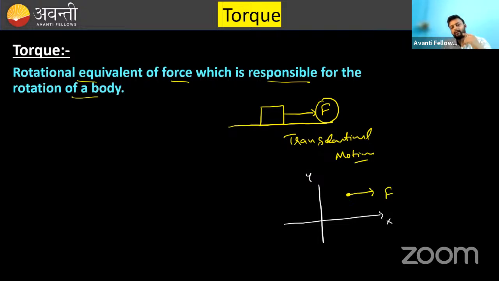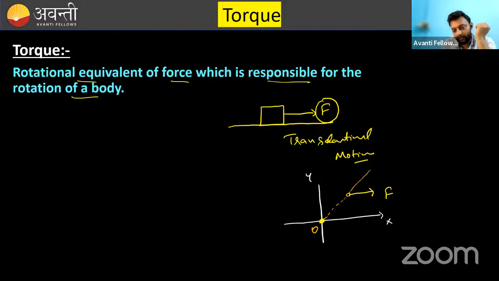And we want to calculate the torque of the force about this point O. First of all, you should join the origin with the point of application of force.